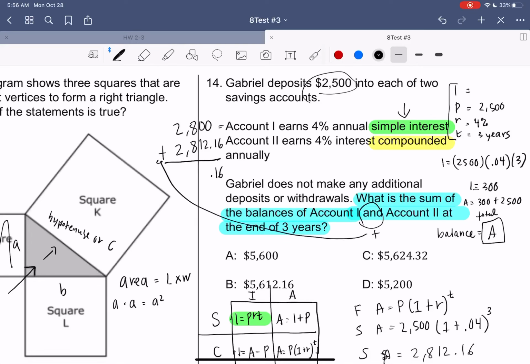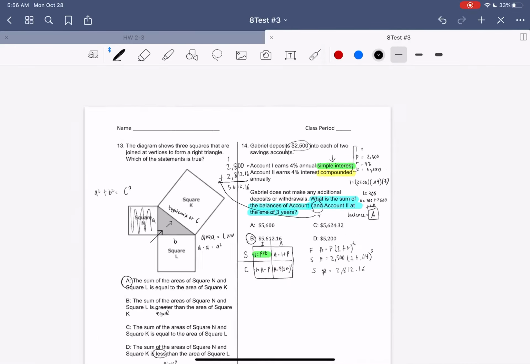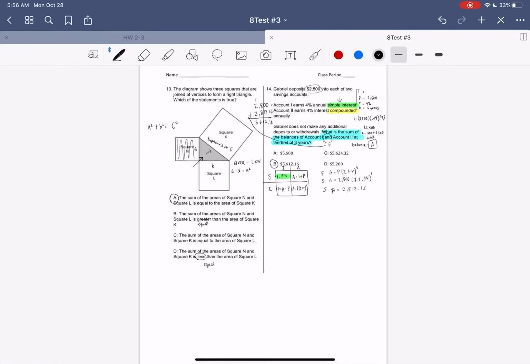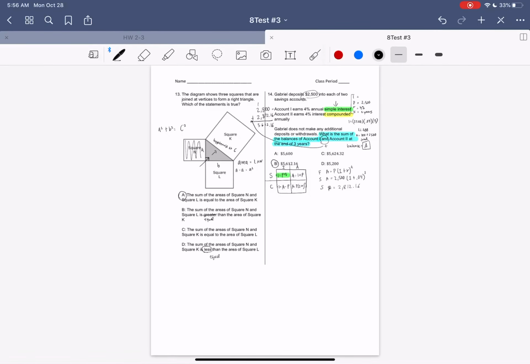So we have to add right here, and then we have 5,612.16. There we go. All right, so hopefully those things helped and you saw what mistakes you made.